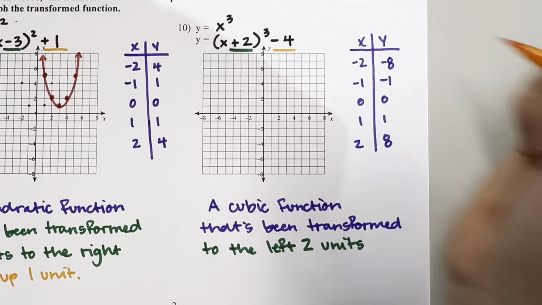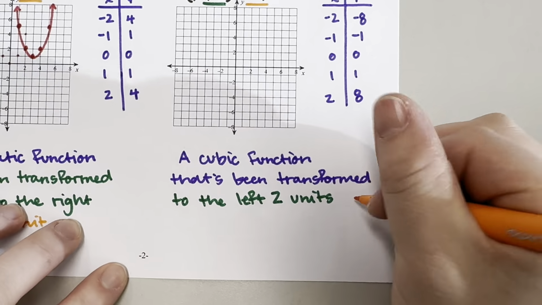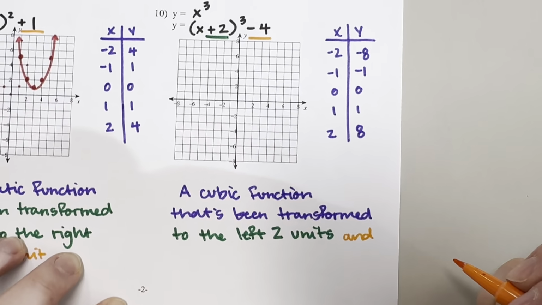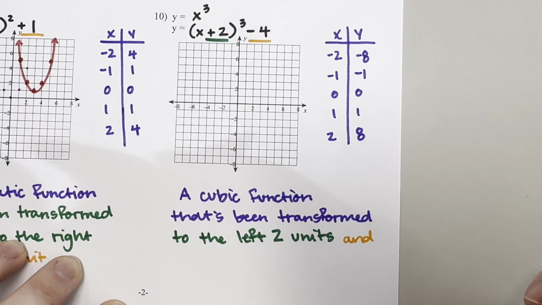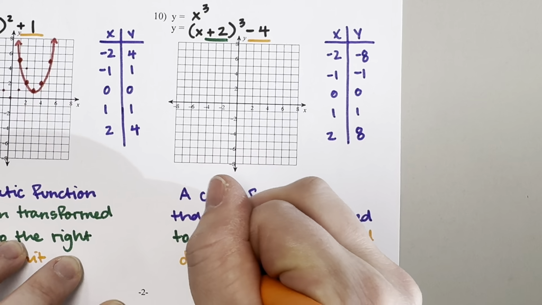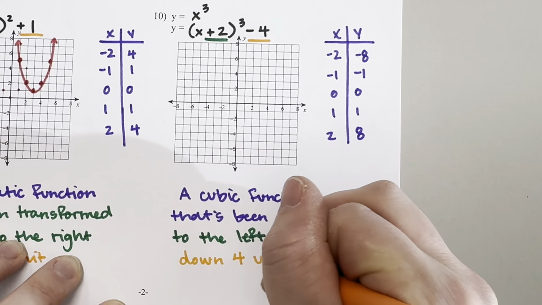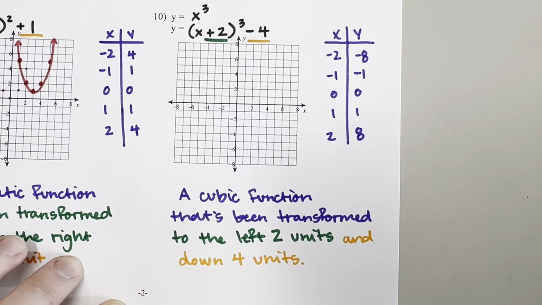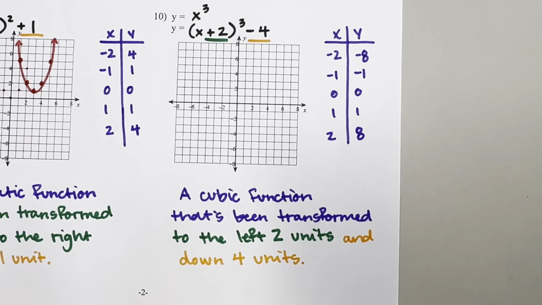And a -4 on the outside. So we're going to write and on the outside is up and down, minus is down, and down 4 units. So there's our explanation in words, how it's been transformed.